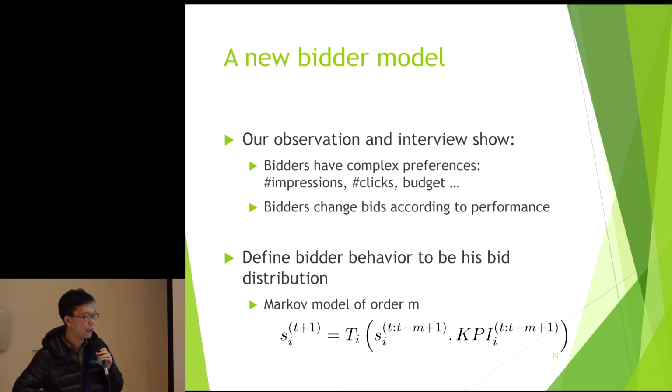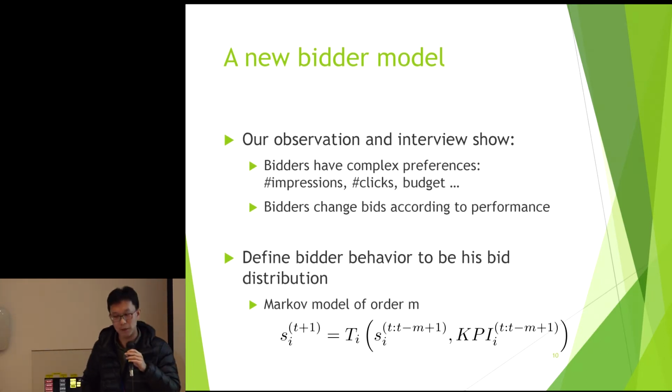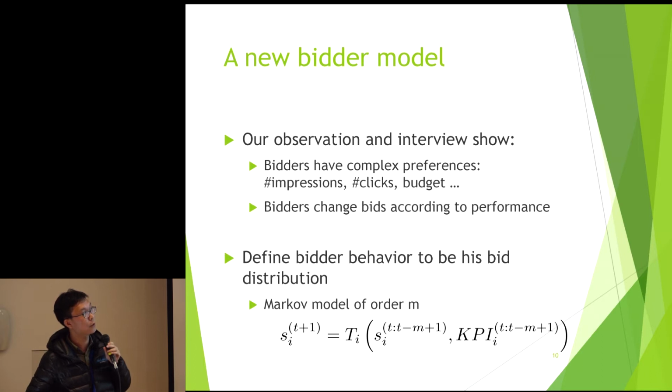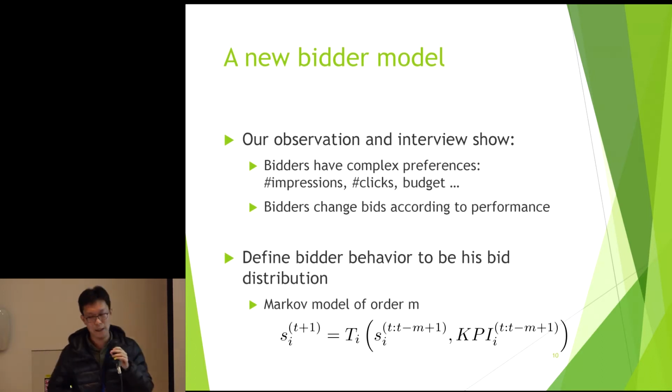So the bidder i's bid distribution in time step t+1 depends on his bid distribution of previous time steps and also the KPI statistics of previous time steps. Here KPI means key performance indicators, which includes all these things that the bidder can see in the platform.